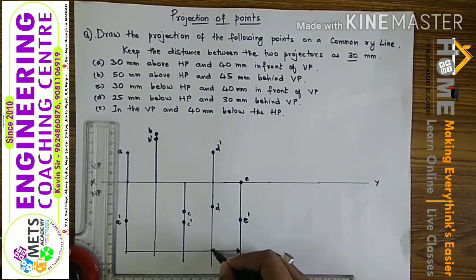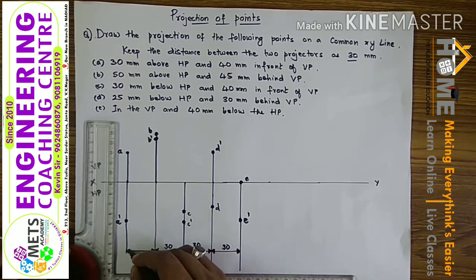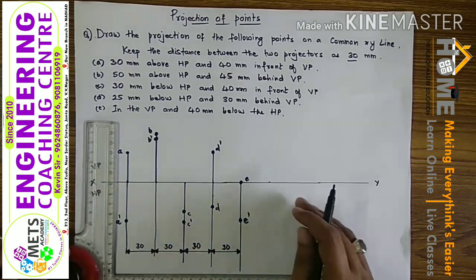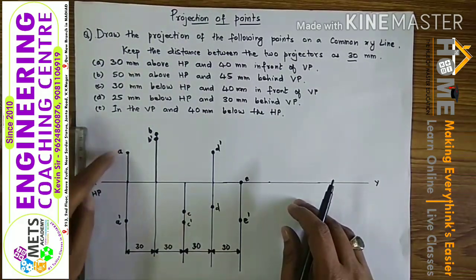Put an arrow mark like this, 30 mm, 30 mm, 30 mm, 30 mm.